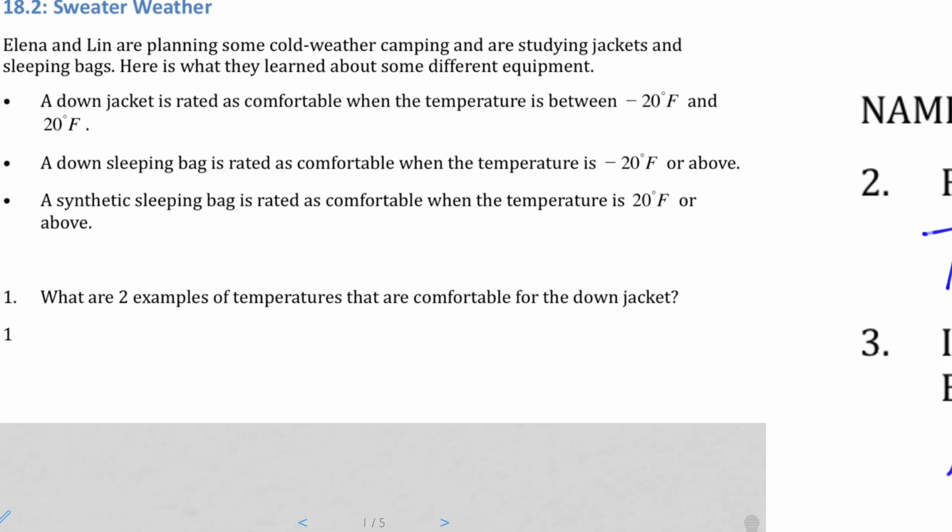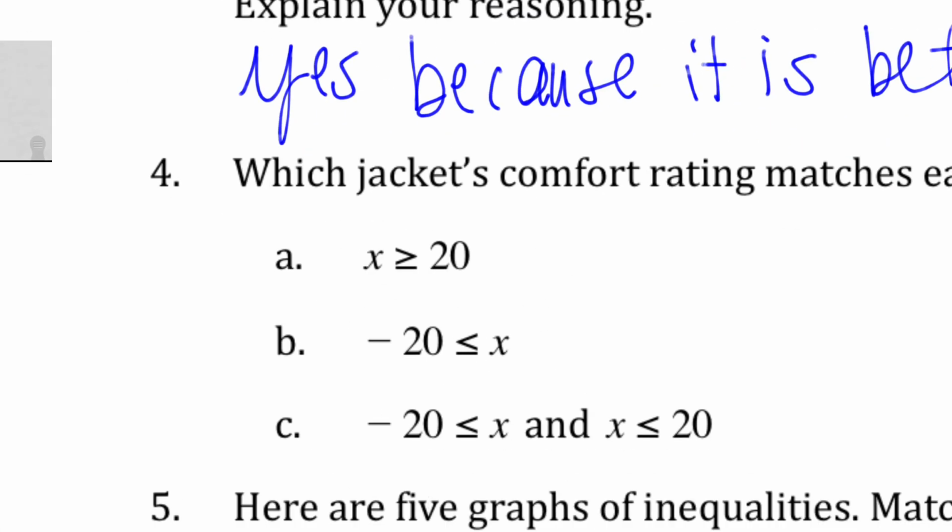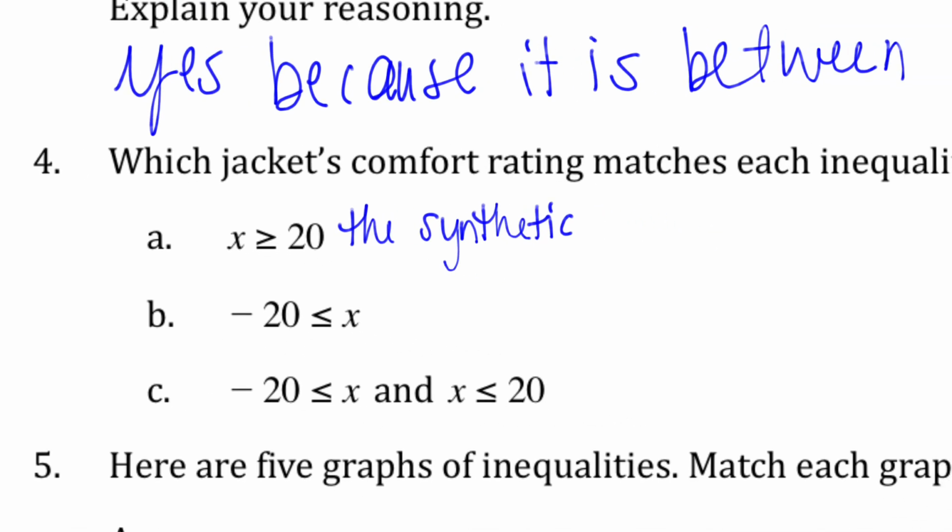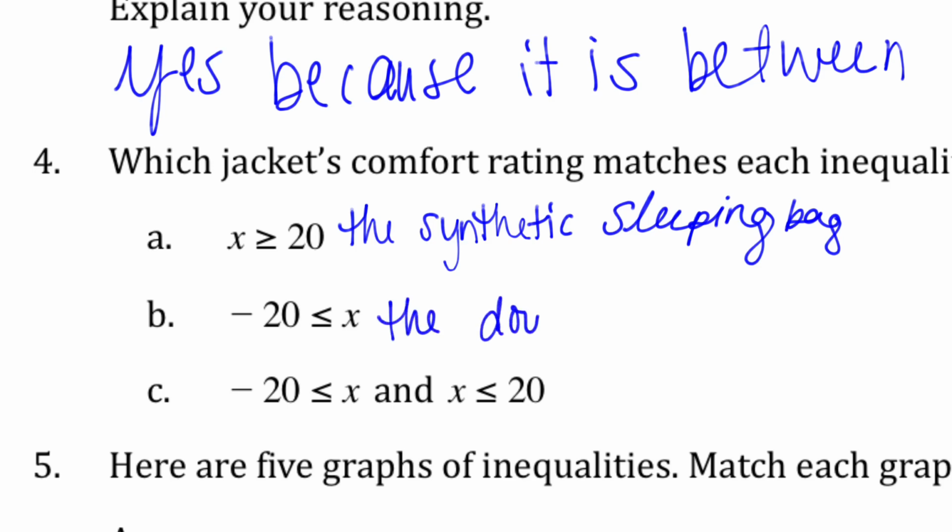The synthetic sleeping bag. Okay. What about negative 20 is less than or equal to X? The down sleeping bag. And lastly, what does that leave? The down jacket.